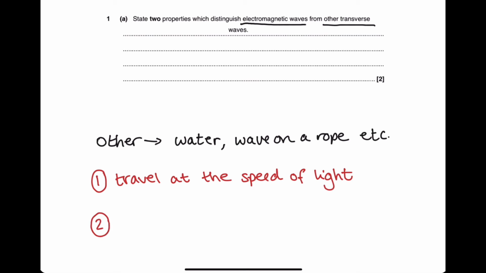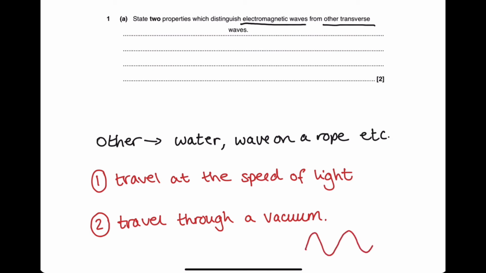The second thing we could say is that all electromagnetic waves will be able to travel through a vacuum. So remember, a vacuum is where there are no particles present. So electromagnetic waves actually just consist of electric fields and magnetic fields, which oscillate at 90 degrees to each other.